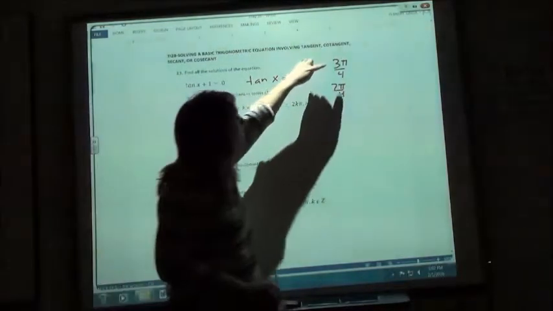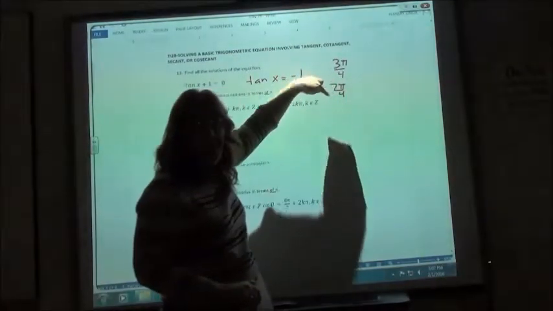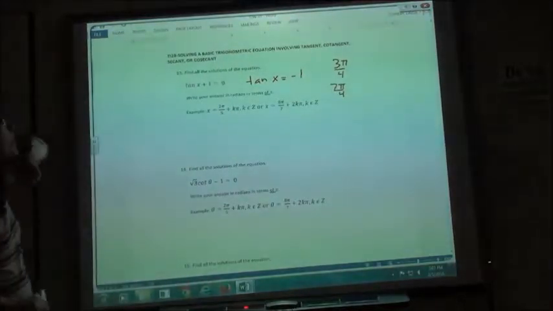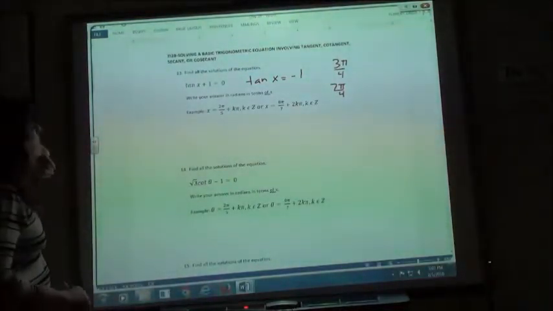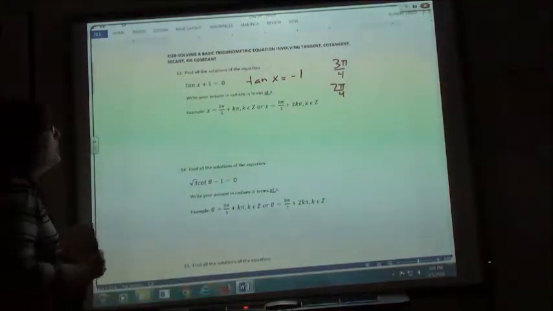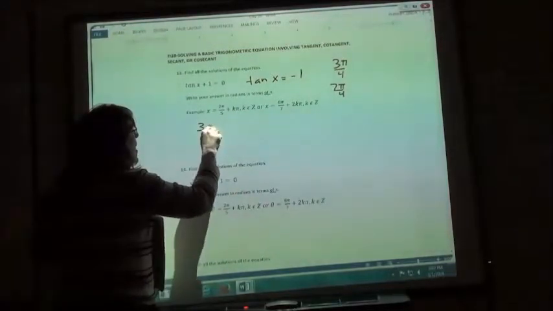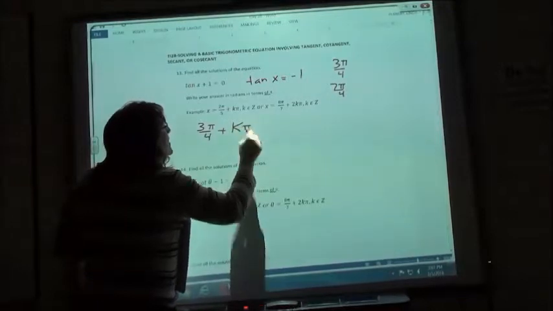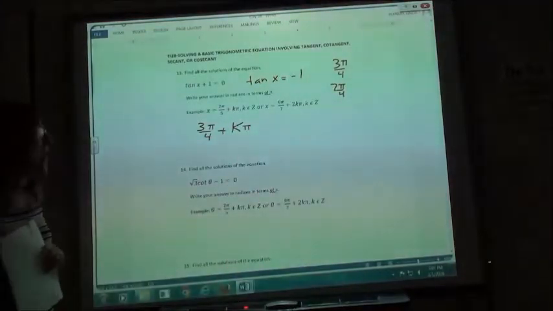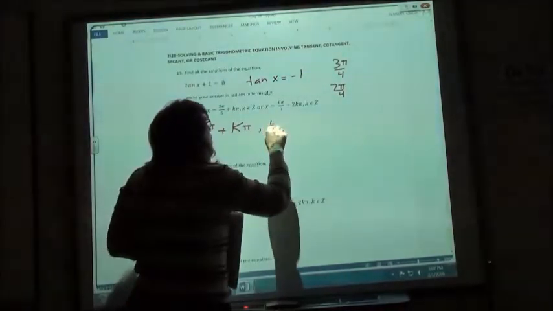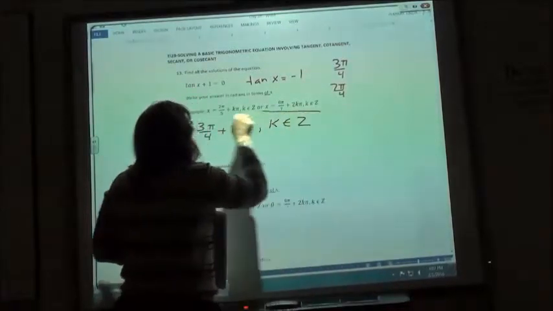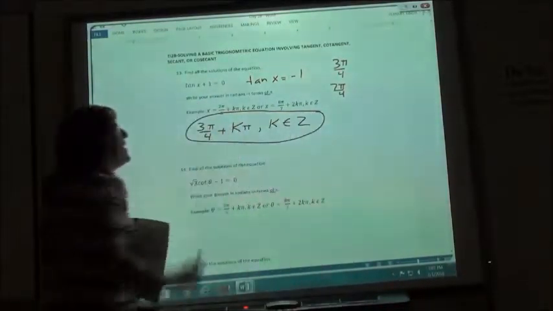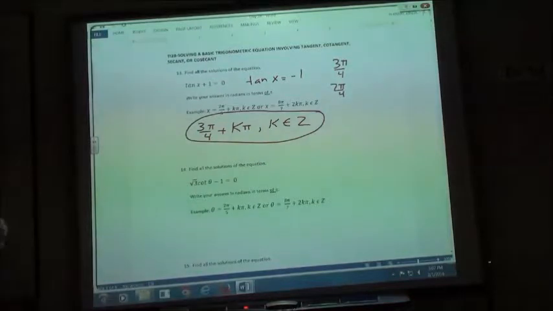So these ones we're going to be able to combine into just the one answer, like the very first problem on the previous ones. And so in this one, we're just going to say 3 pi over 4 plus k pi instead of 2k pi and having to do two answers. And, of course, k is going to be an element of z. K is an integer, in other words, 1, 2, 3, 4.